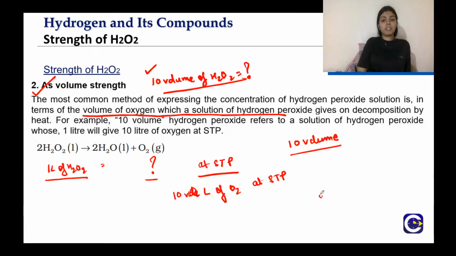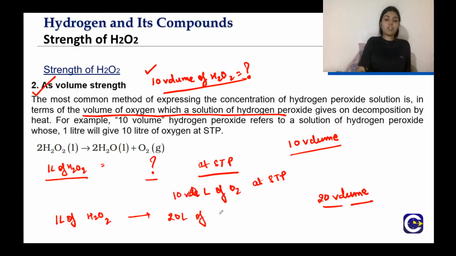If I tell you, for example, that 20 volume of peroxide. So what does 20 volume mean? 20 volume will mean that 1 liter of peroxide will give you 20 liter of oxygen gas at STP. I hope this is clear.